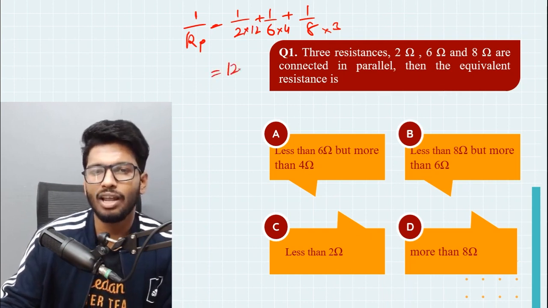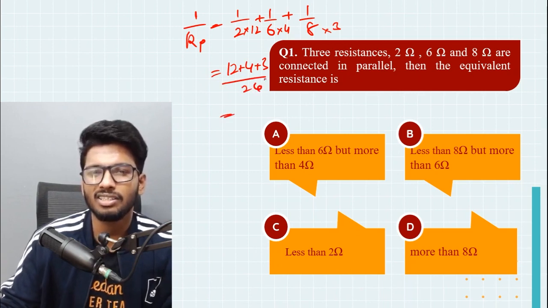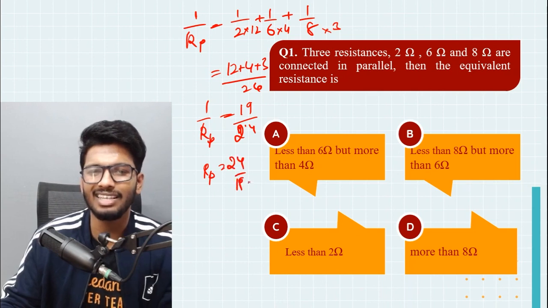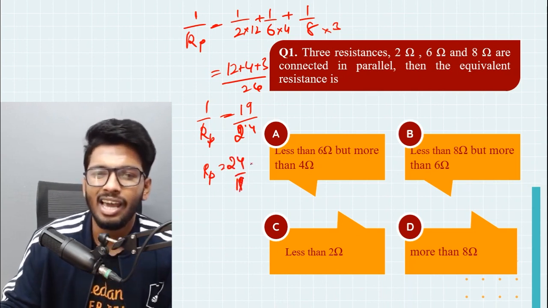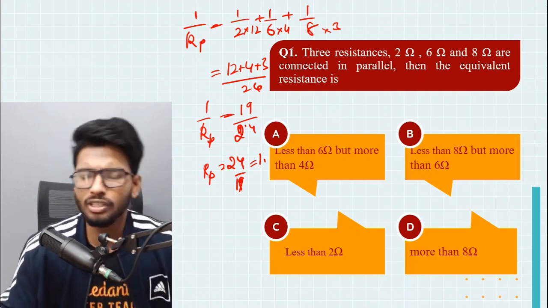So what are you left with? (12 + 4 + 3)/24. That's 16 plus 3, 19/24. That's basically 1/Rp. So Rp is equal to 24/19 is what you get. So basically it's around 1 point something, right? 1 point something is what you're going to get. So this is one way to do it.